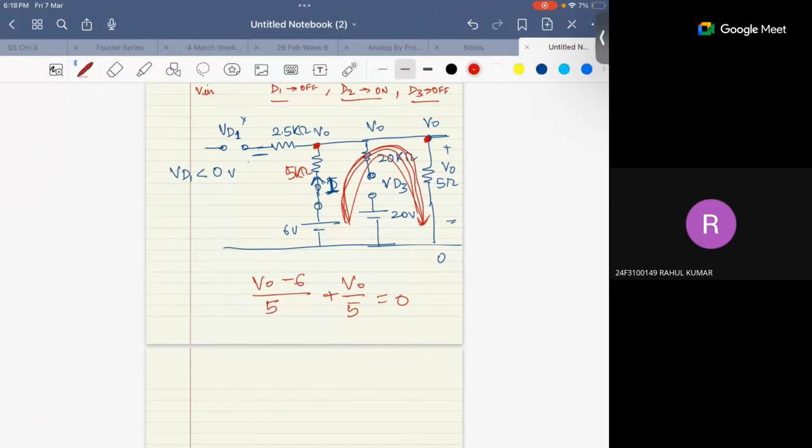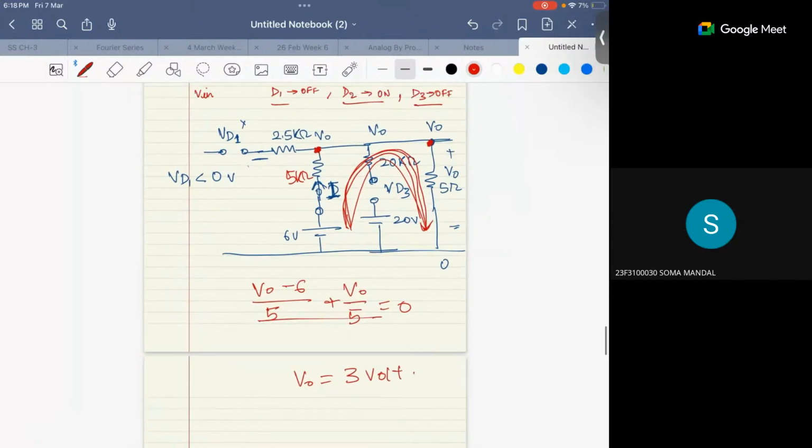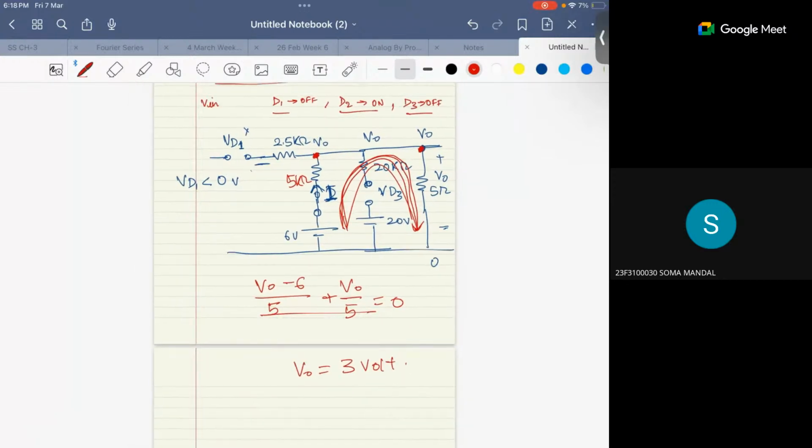So what is the value of V naught you'll be getting here? V naught will be, this will be cancelled, 3 volt. Okay, so you got V naught equals 3 volt. Now we have to check whether the assumption that we are making was correct or not. For VD1 should be less than 0, correct?